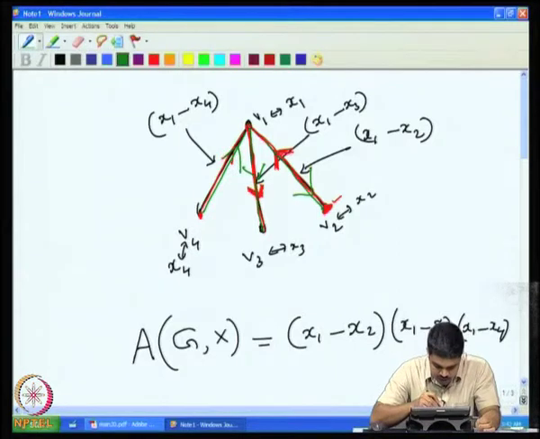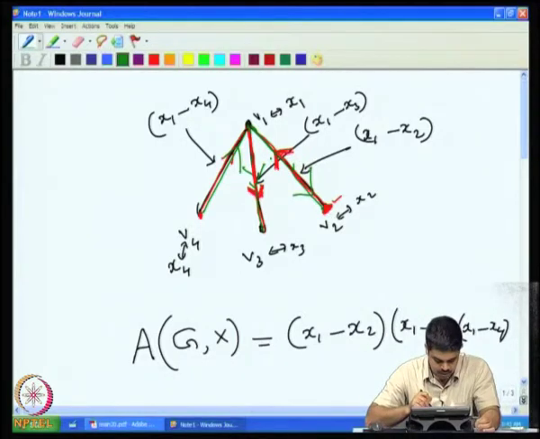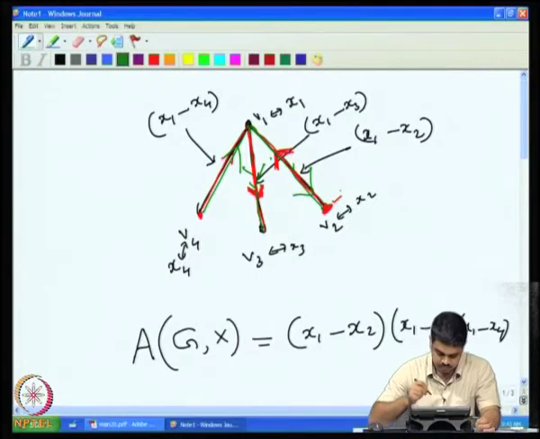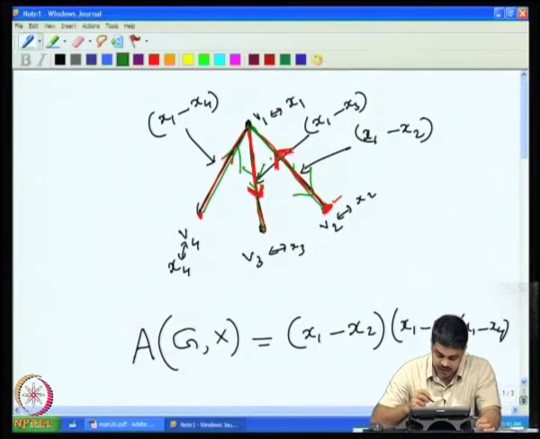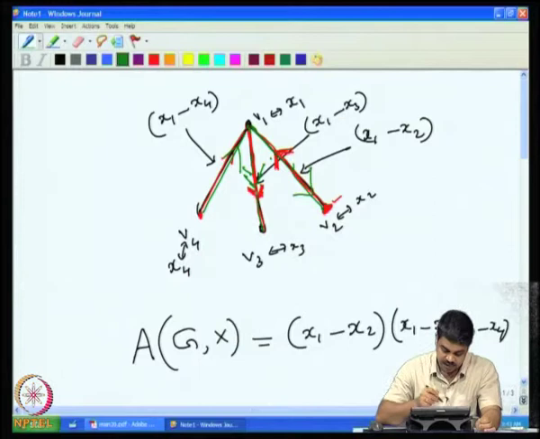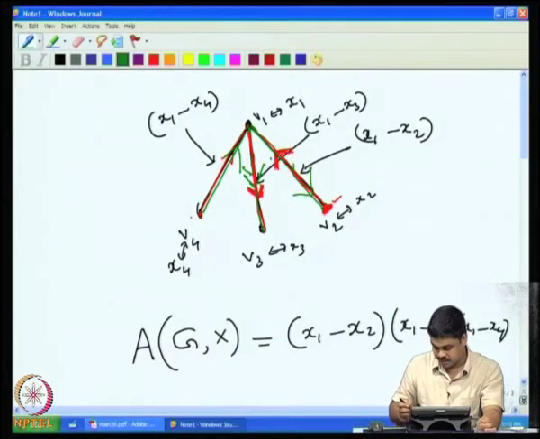So, x1's out degree with respect to this orientation is 2, that is why x1 square has come. x2 didn't get any degree. x3 didn't get any out degree. So, therefore, it's not appearing in that term. Here x4 has one appearance, therefore, x4 has degree 1.